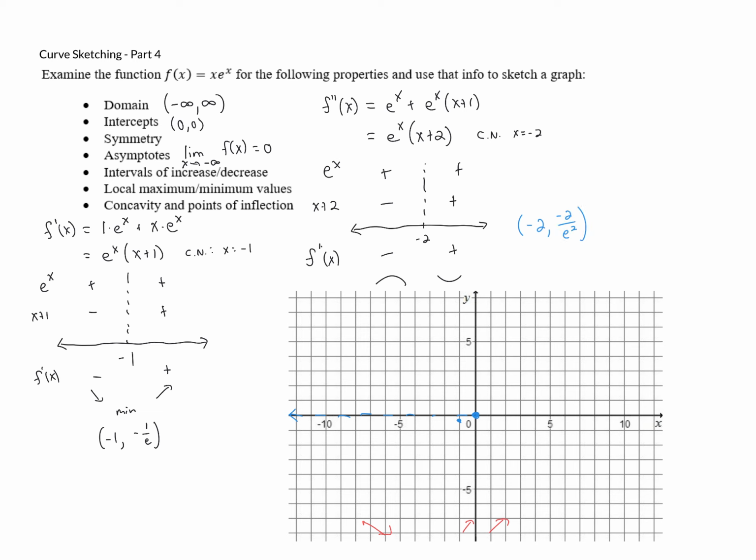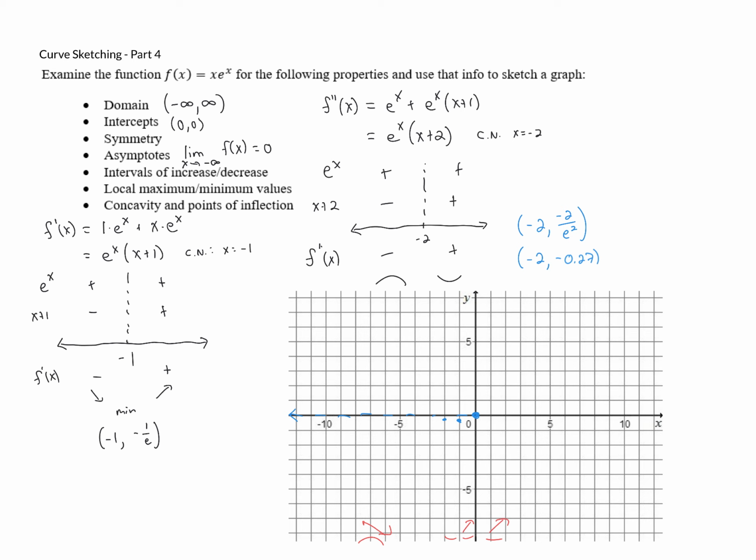And if we use a calculator to approximate that, negative 2 and then approximately negative 0.27. So that's going to be even closer to the x-axis. And we are concave downward to the left of that, but then concave upward to the right of that.